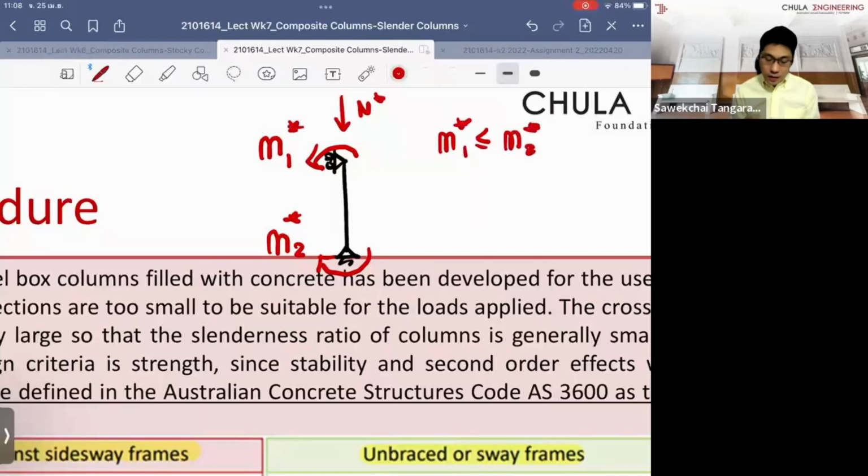It doesn't matter whether it is the top column or the bottom column which has the larger value. If you find that the top one is giving you more, it has been transferred with more bending moment, so you have to swap; this becomes M2 and M1. So basically M2 has to always be greater than M1, right?